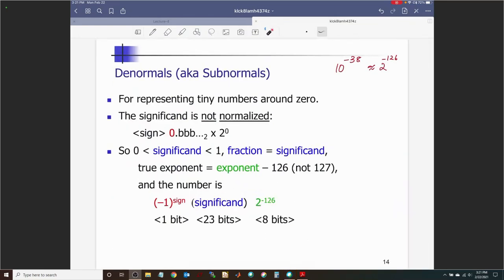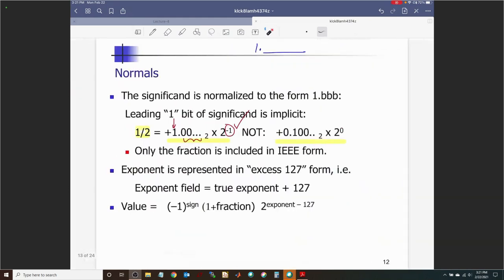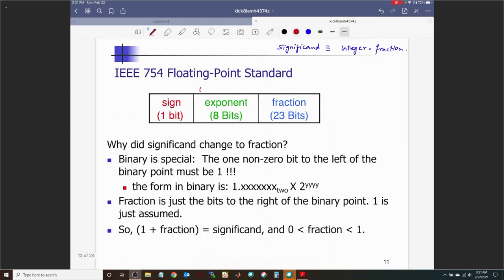So denormals are used for very, very small numbers that are smaller than 10 raised to -38, or smaller than 2 raised to -126. One way you can identify them: if the 8 bits, 1, 2, 3, 4, 5, 6, 7, 8, in the exponent field are all zeros, then you know it's a denormalized number, a very small number close to 0.